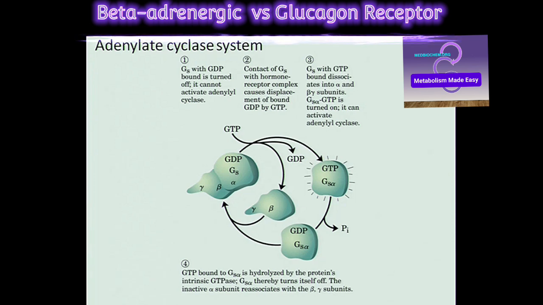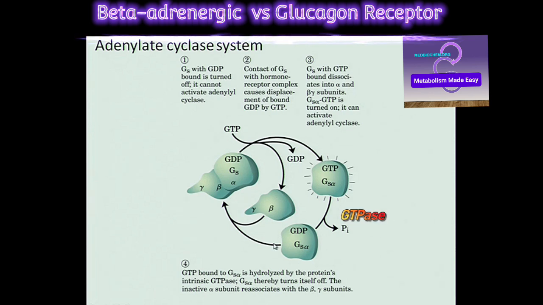Importantly, though, I want to say to you that this Gs-alpha and all alpha subunits of G protein have an enzymatic activity. That enzymatic activity is called GTPase, meaning it can hydrolyze GTP, and when you hydrolyze GTP, you return it to GDP.